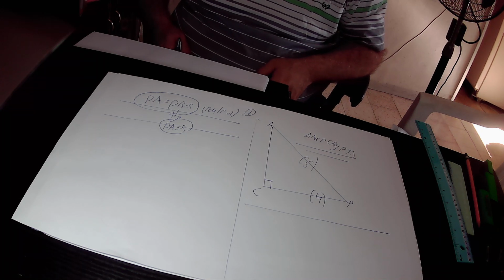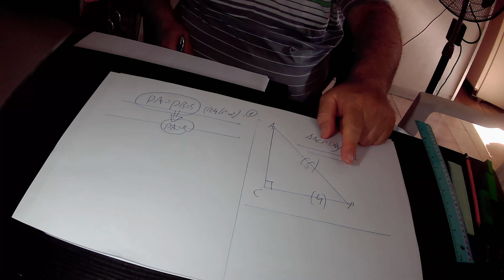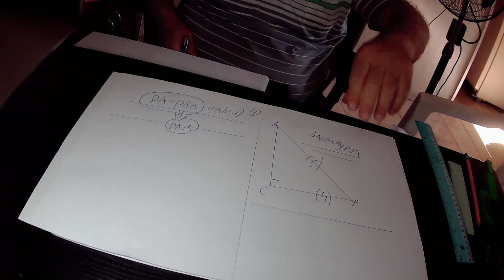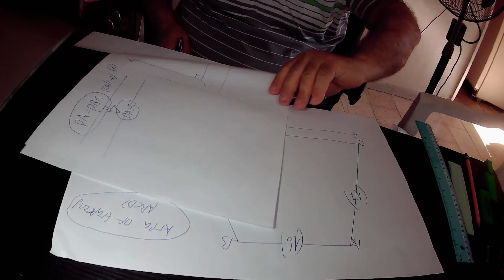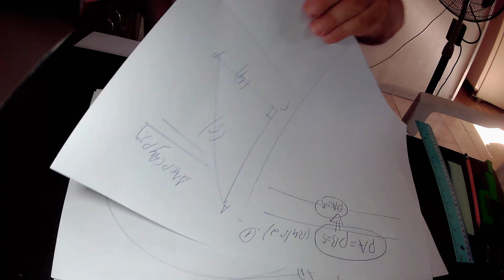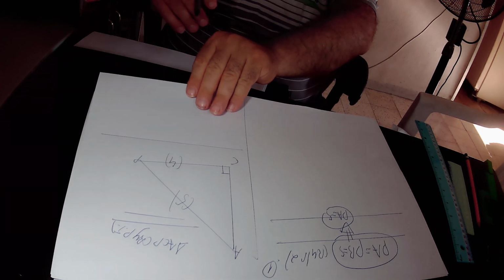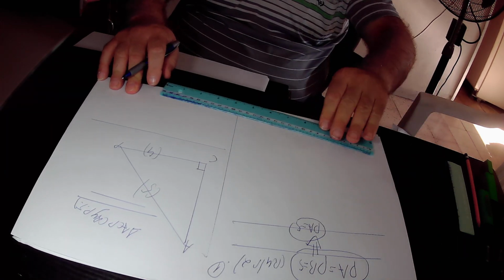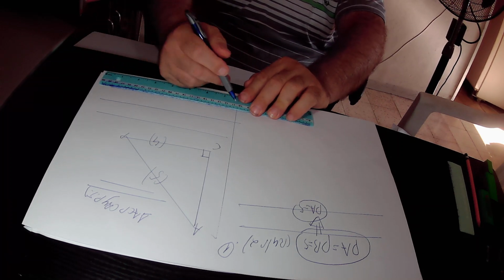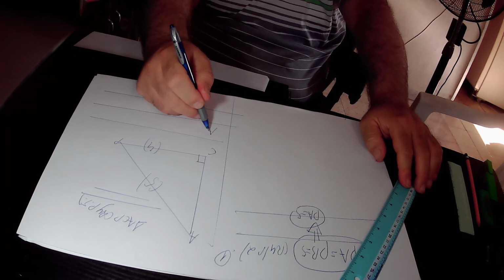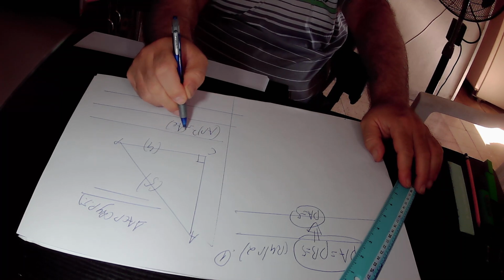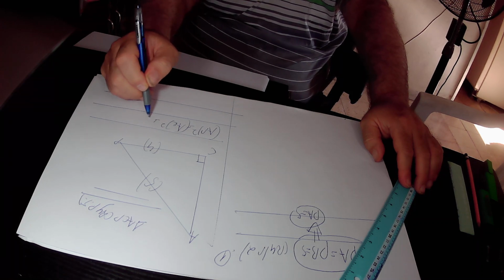According to the Pythagorean theorem, in this right triangle ACP, AP squared, that is the square of the hypotenuse, equals AC squared plus CP squared. So I write it down. The hypotenuse is AP squared, and it equals AC squared plus CP squared.